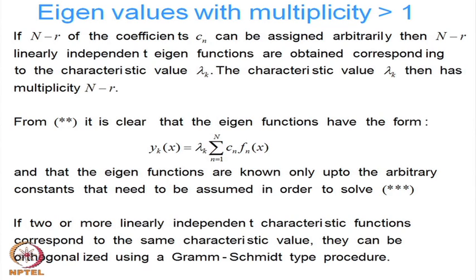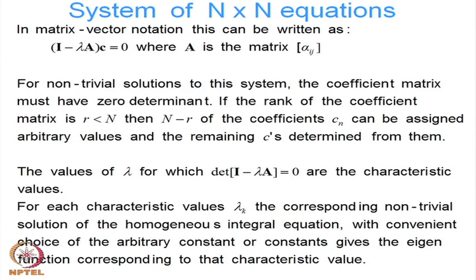And as I just showed, the eigenfunctions will have the form y k of x is equal to lambda k sigma n equal to 1 to n Cn Fn of x, and it is clear that the eigenfunctions are known only up to the arbitrary constants that need to be assumed in order to solve that equation.